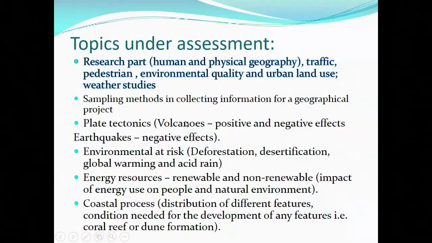Some of the topics that you could look at is, for example, plate tectonics, whereby you must study and understand things like the environmental activity, like the volcanoes and the earthquakes.